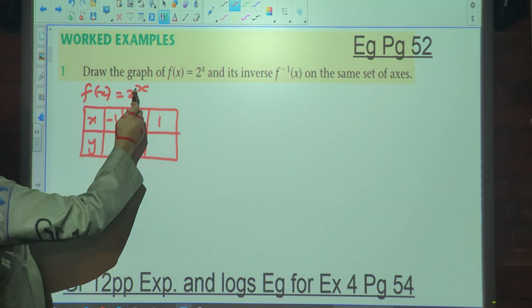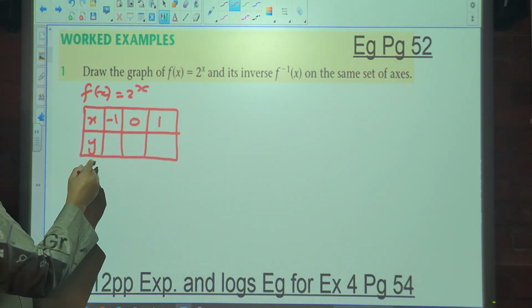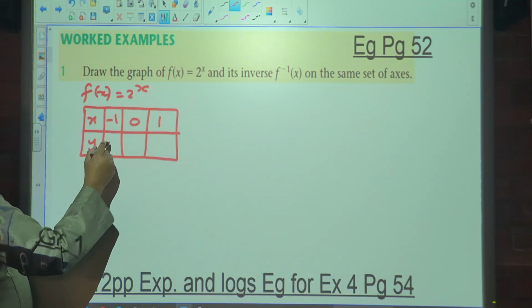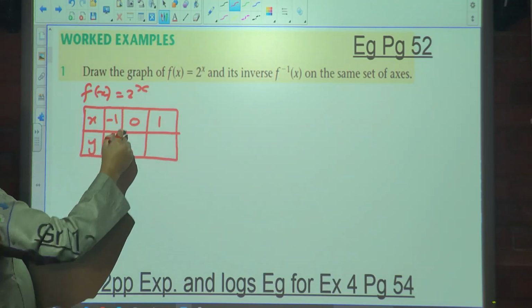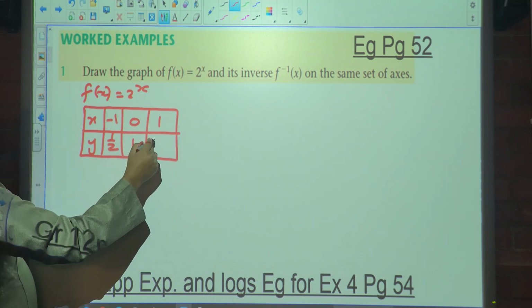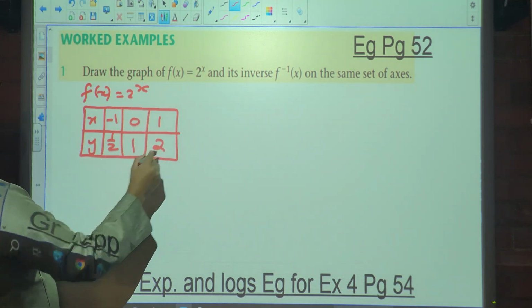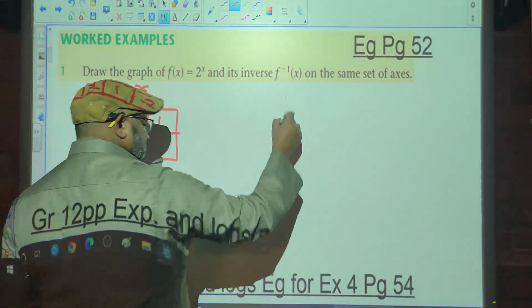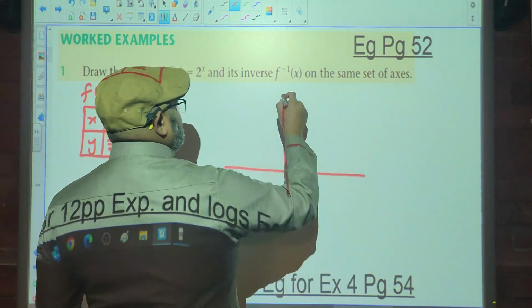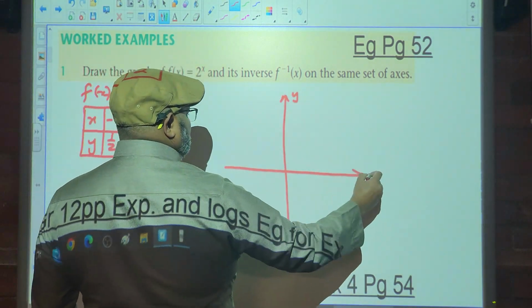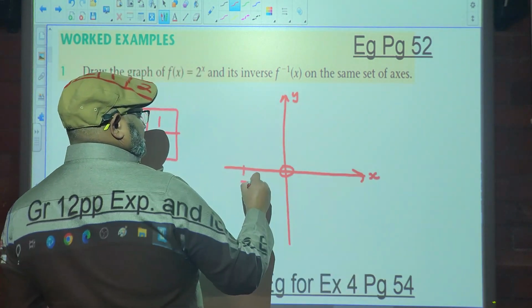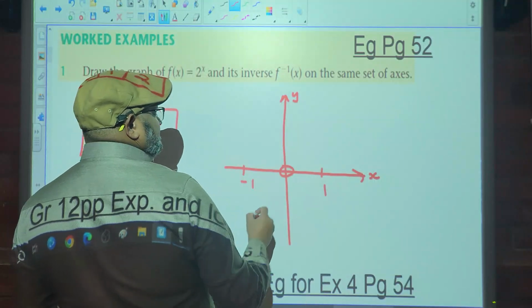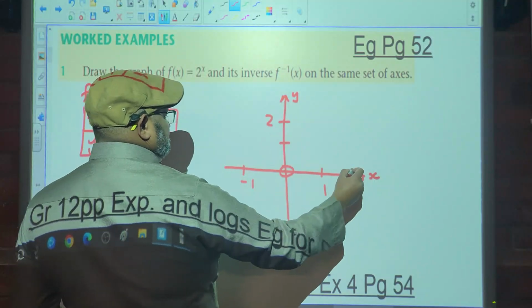So if you substitute negative 1 in here, what do we get? 2 to the negative 1. 2 to the 0 is 1. 2 to the 1 is 2. You all agree with that? So if we draw this graph, here we go, y, x, 0, minus 1, 1, 2.